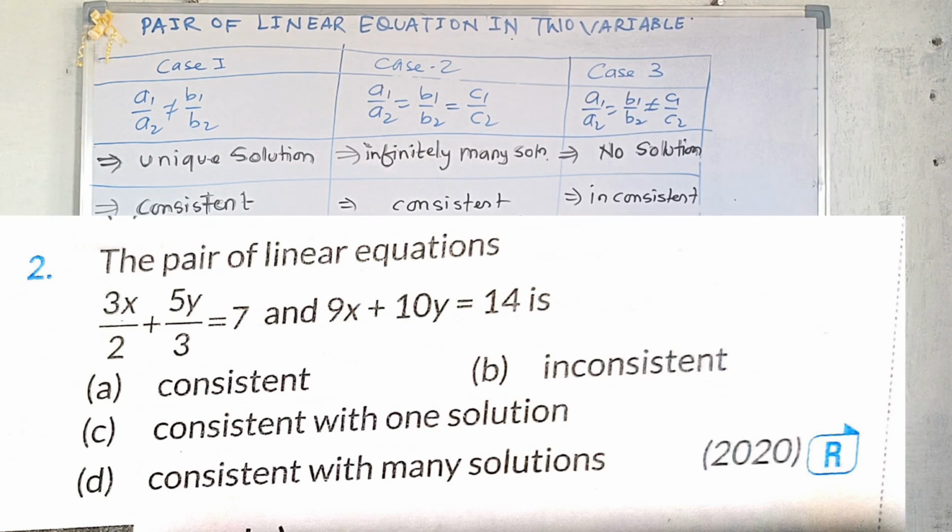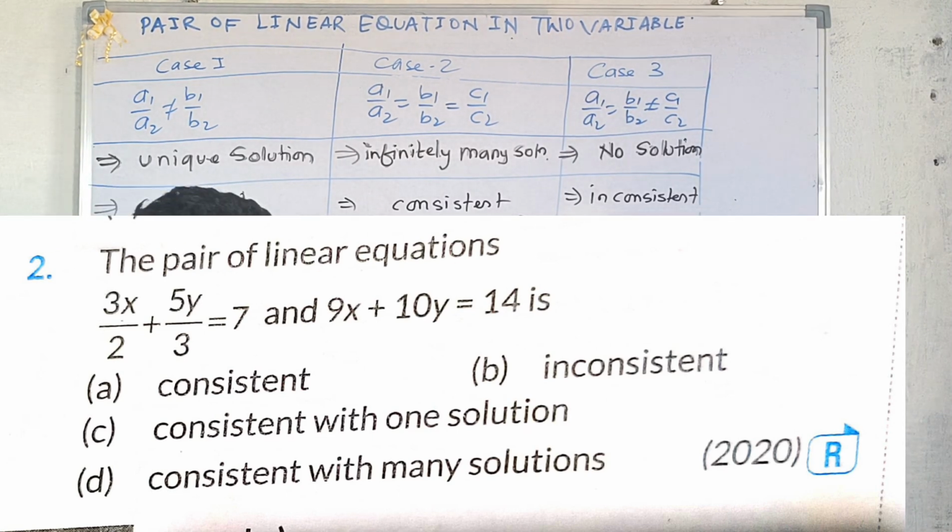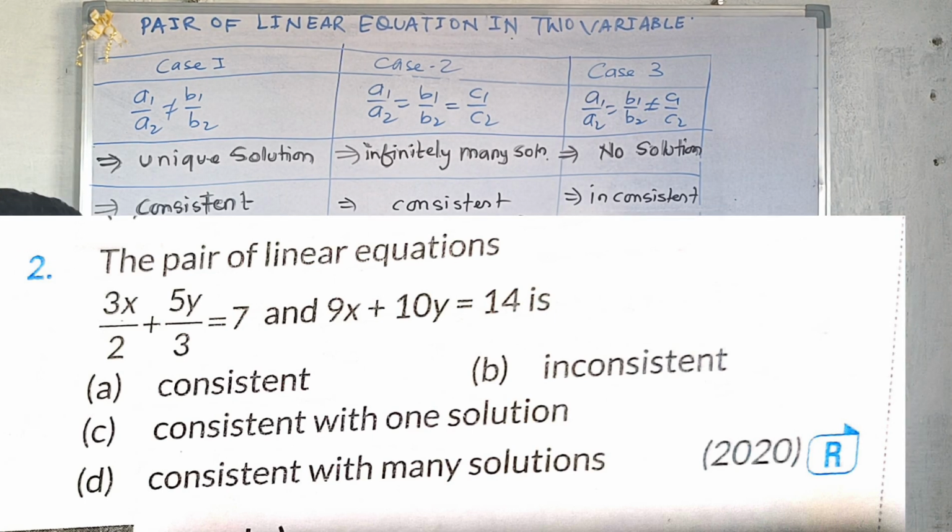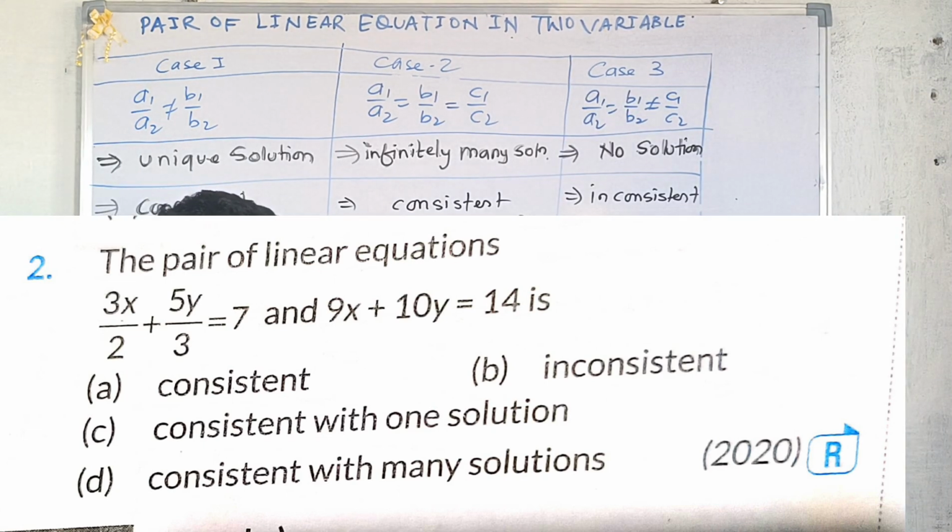Here 3 will cancel, here 2 will cancel, and here it will be just 1 by 2. So what we have here is 1 upon 2 into 3, that is 6, is equal to 1 upon 3 into 2, that is 6, and minus 14 is twice of minus 7, so it will be just 1 by 2.